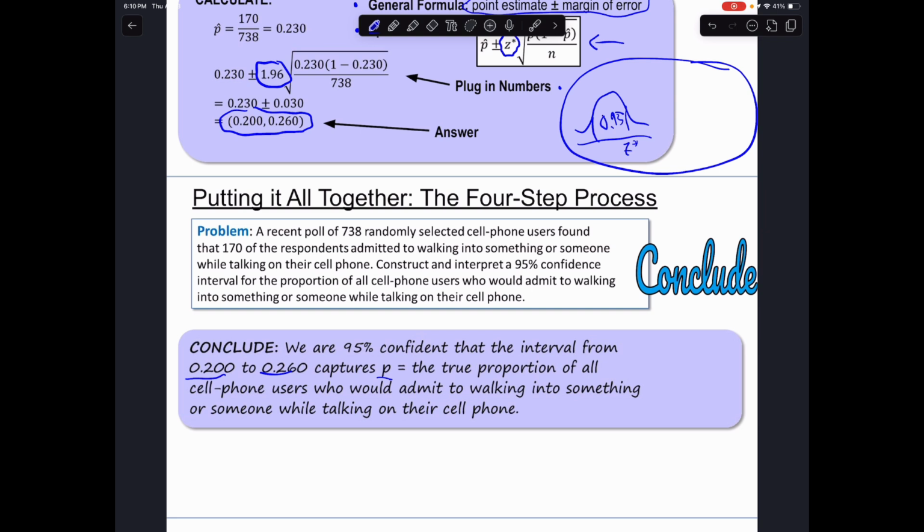It might not, because we did a sample, and that sample, who knows, due to random chance, it could have just been a bunch of people who were really clumsy, and we might not capture P, but we're 95% sure. So if we made a bunch of intervals, 95% of them would capture P.